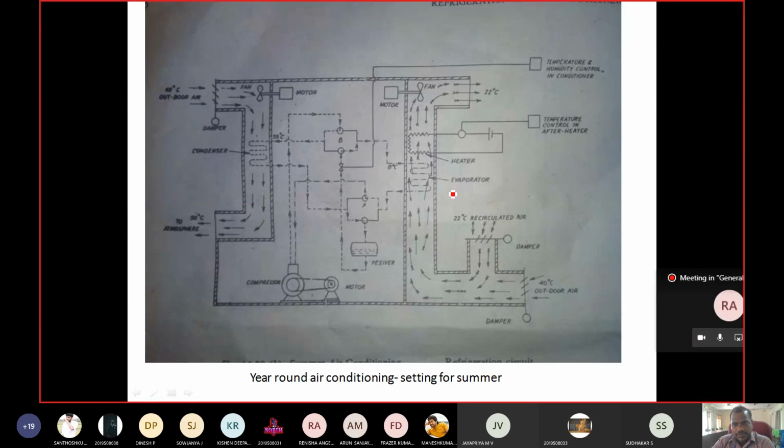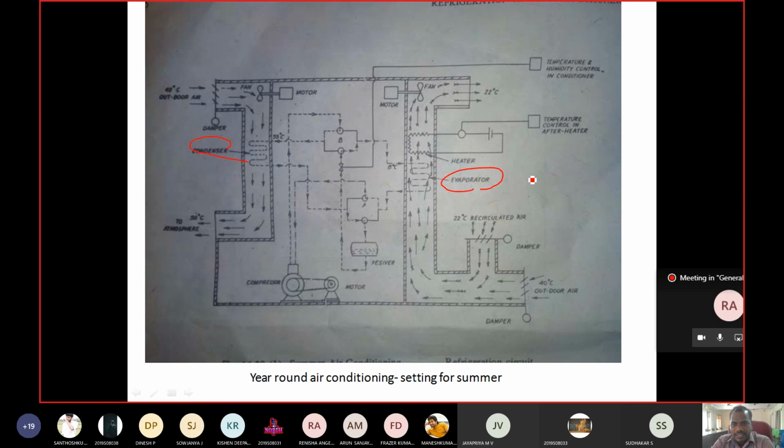So in summer we need this evaporator and this heater. Here we have a condenser and we have an evaporator.